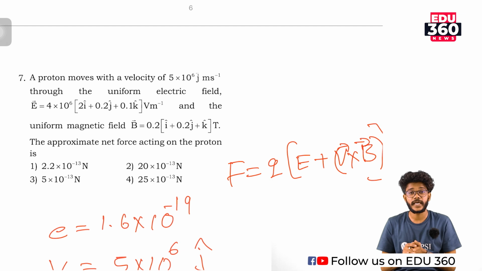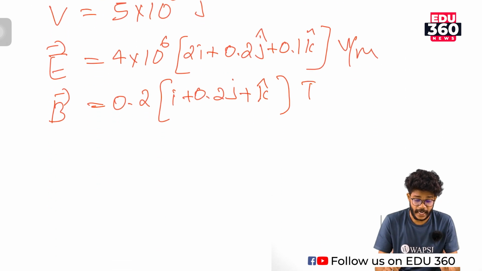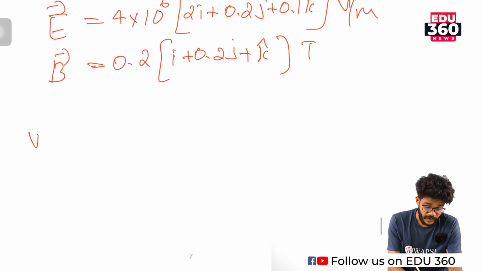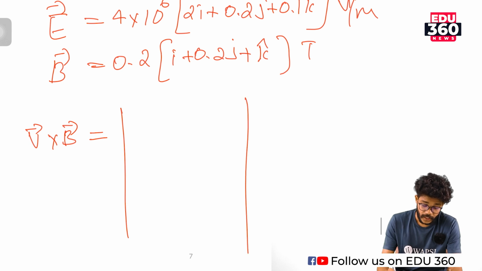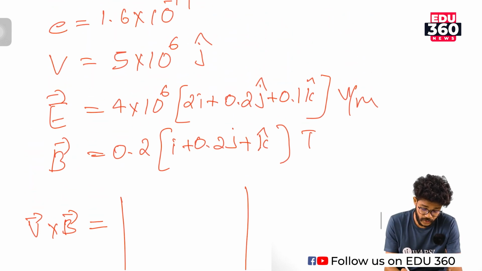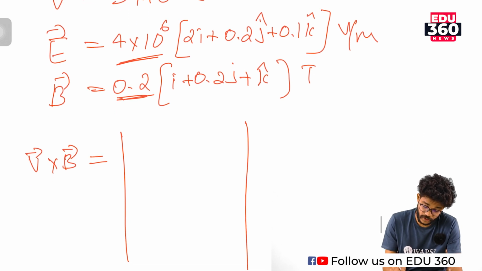So we want to take V cross B, that means the cross product between velocity and magnetic field. V cross B is equal to the cross product. We can leave the magnitude 0.2 and 4 into 10 raised to 6. Just take the cross product with i, j, k.